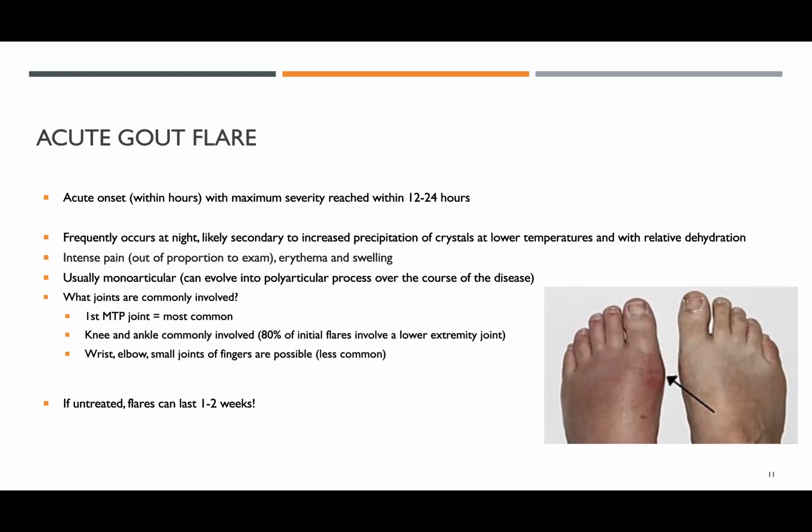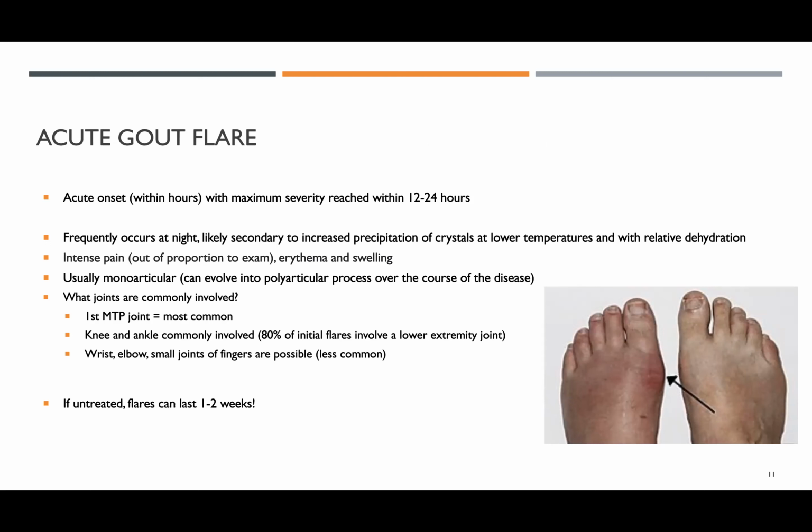Okay, so what does an acute gout flare look like, Andrew? I'm kind of beating around the bush to getting to how this patient is going to present to us. So they're going to come in with usually a few hours of swelling, pain, and erythema of a joint, with maximum severity reached within the first 12 to 24 hours.